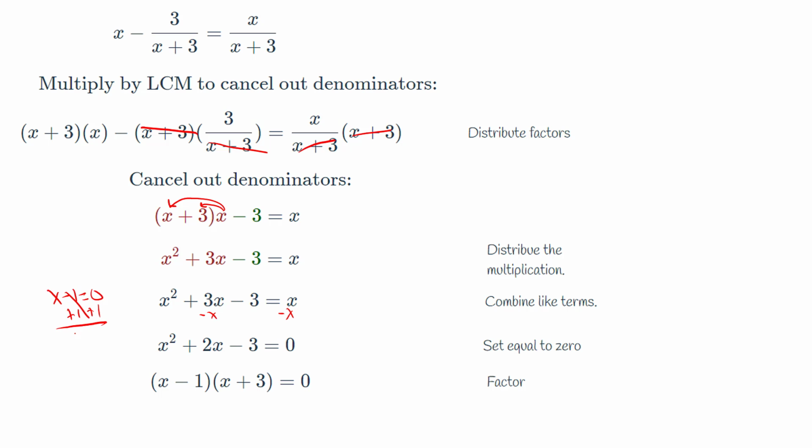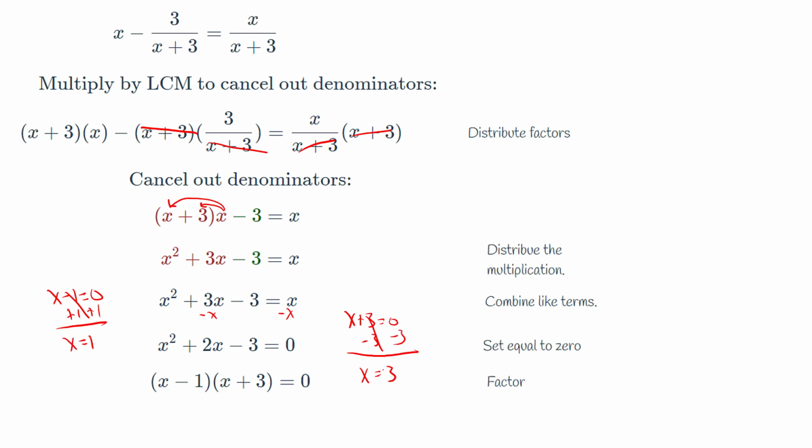The 1s cancel out on the left-hand side, and you have x equals 1. Then we take x plus 3 equals 0 and solve for x, so subtract 3 from both sides. The 3s go away on the left-hand side, and you have x equals 3.